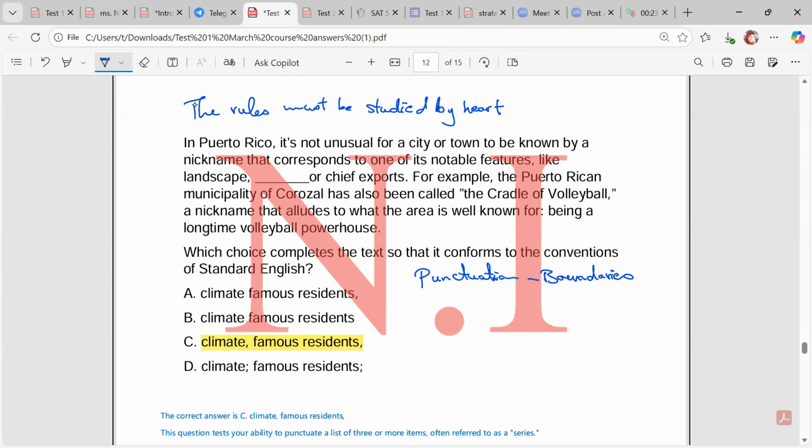Otherwise, you will not be able to answer quickly or comfortably. Like math, you know the rules, you can solve the equations or the problems. The same applies to the writing questions.